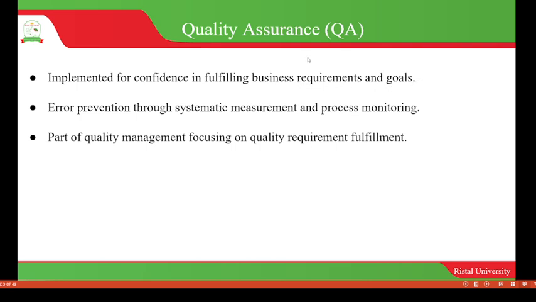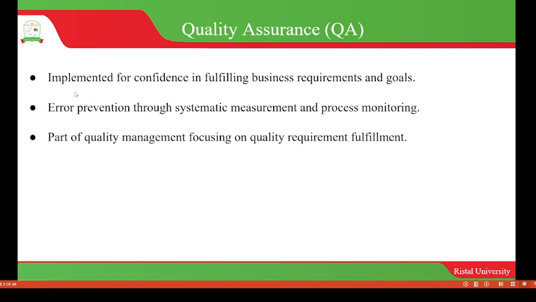This is because it is more focused on error prevention, and since it focuses on error prevention, it helps build confidence in fulfilling business requirements and goals, because the product that will be coming out will be the one which meets the requirements or the regulation standards.